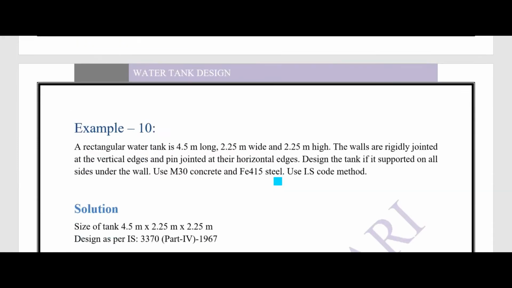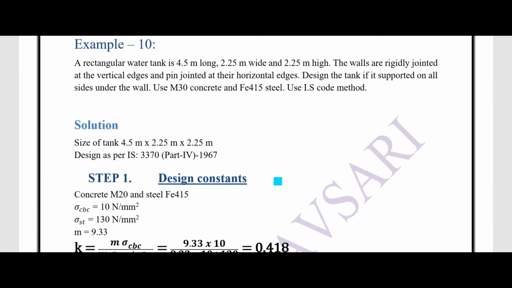Okay. So here is example 10. A rectangular water tank 4.5 meter long, 2.25 meter wide and 2.25 meter height. Here the dimensions are given. The wall is rigidly jointed at vertical edges and pin jointed at horizontal edges. You have to remember this.